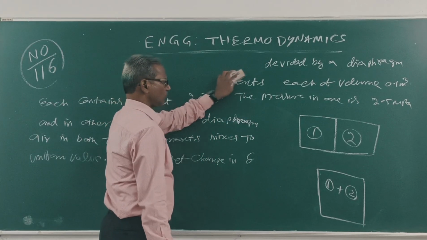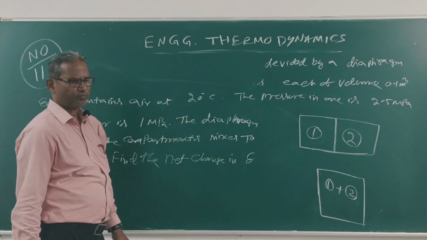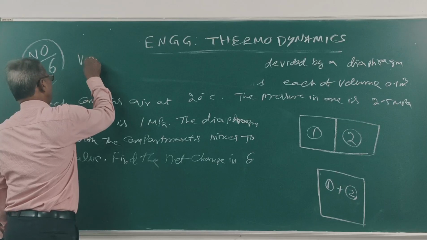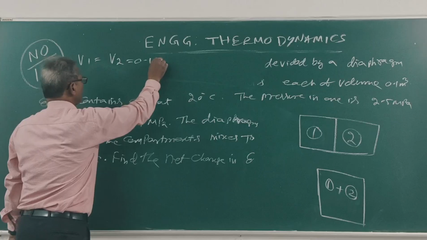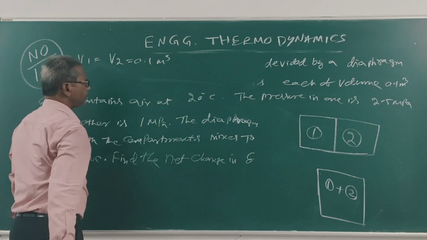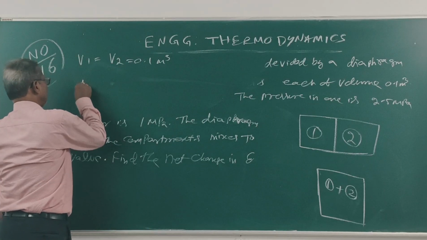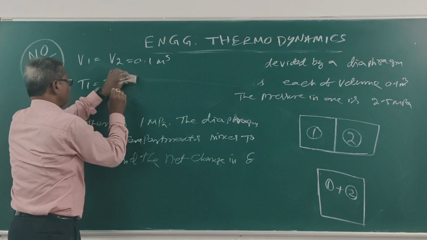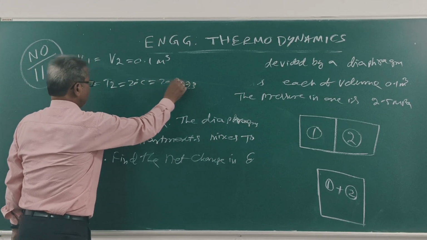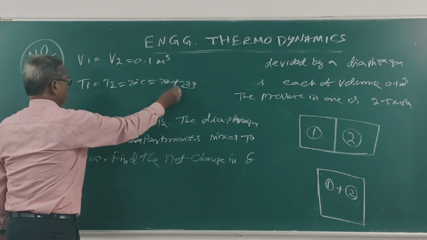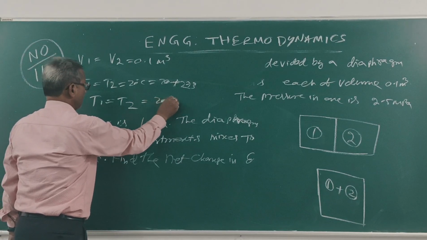Now, a closed container is divided into two parts, each of volume 0.1 meter cube. That means V1 is equal to V2 is equal to 0.1 meter cube, having equal temperature, T1 is equal to T2 is equal to 20 plus 273, so T1 is equal to T2 is equal to 293 Kelvin.